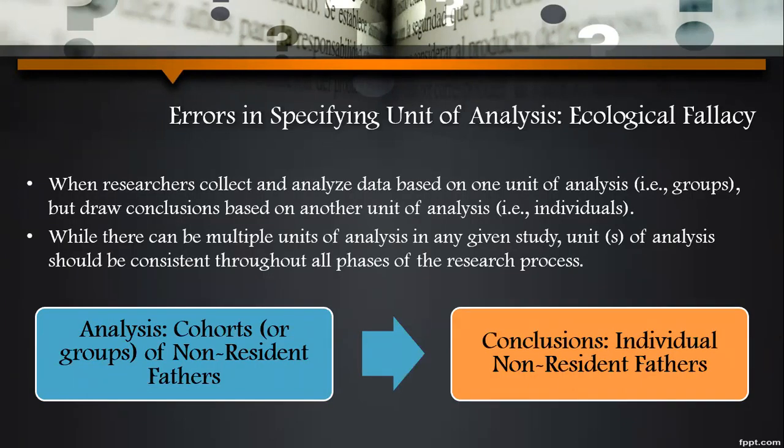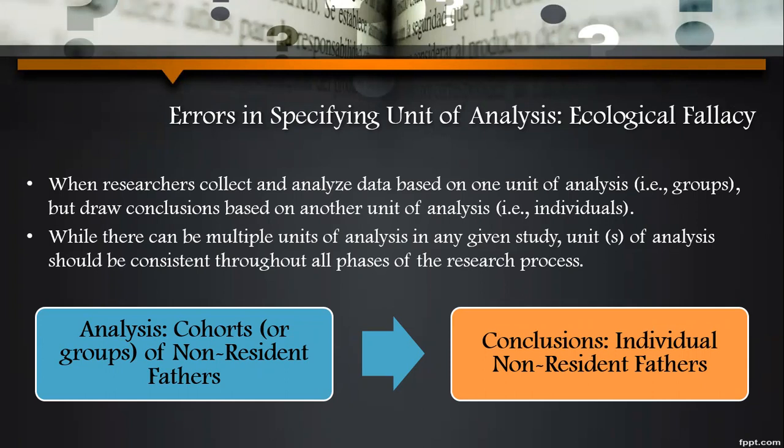And so finally, let's talk about errors in specifying units of analysis, specifically the concept of ecological fallacy. Ecological fallacy occurs when researchers collect and analyze data based on one unit of analysis, such as groups, but they draw conclusions based on another unit of analysis, which is individuals.